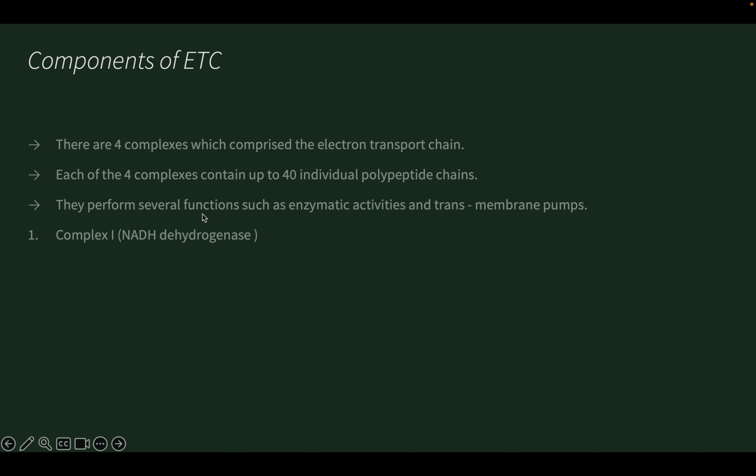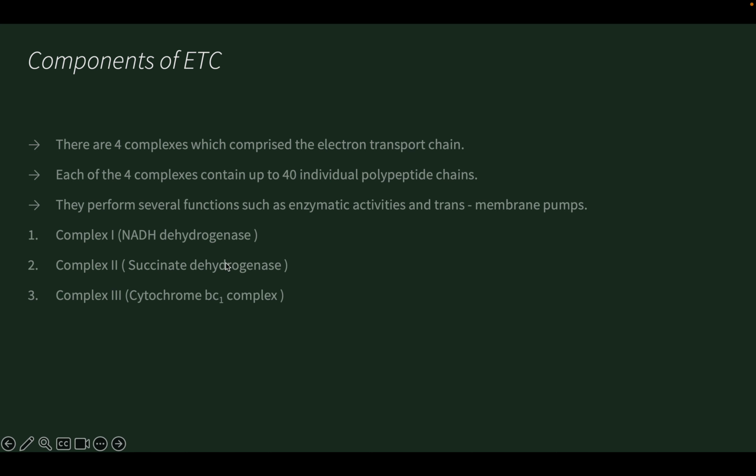The first is complex 1, or the NADH dehydrogenase, because it dehydrogenates the NADH and uses this to transfer protons from the matrix to the intermembrane space. The second is complex 2, succinate dehydrogenase, which uses FADH2 and transfers the electrons from FADH2 to another complex.